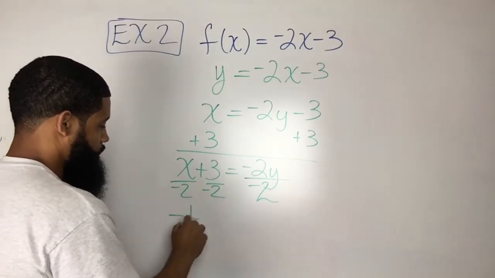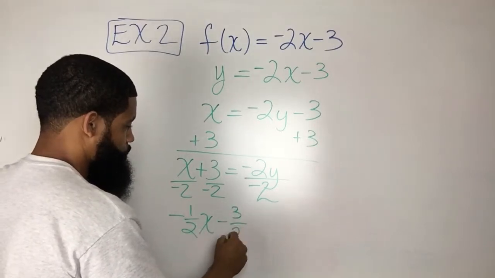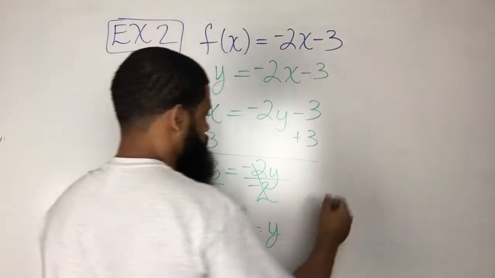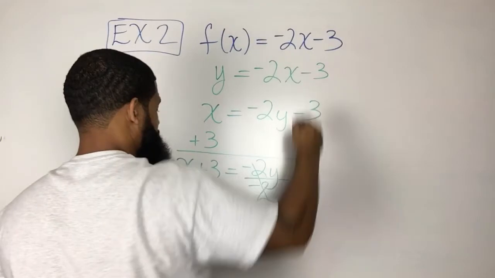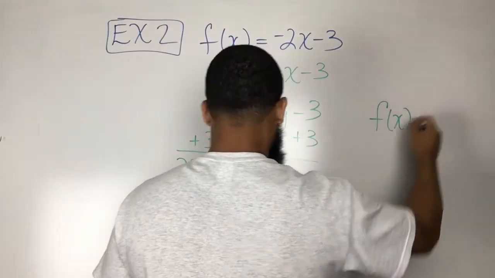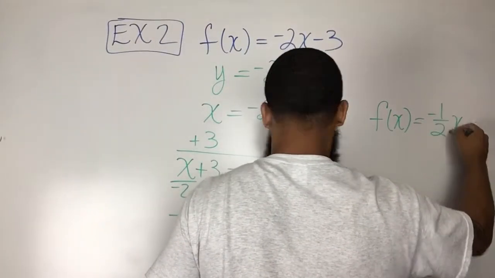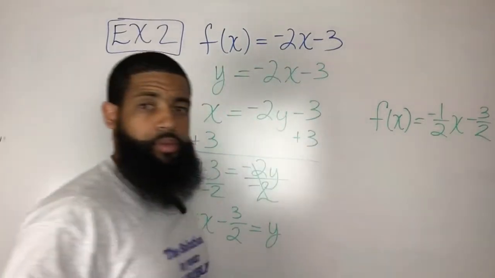I get negative 1/2 x minus 3 over 2 equals y. So the inverse of this function right here is f of x equals negative 1/2 x minus 3 over 2.